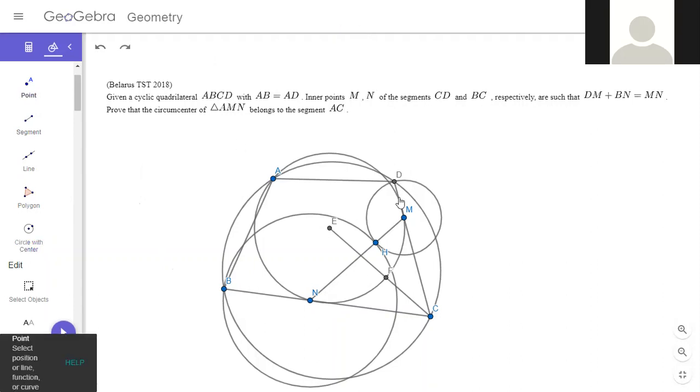So that would be point X. We want to prove that this point is point X basically, right? Yeah. Okay.